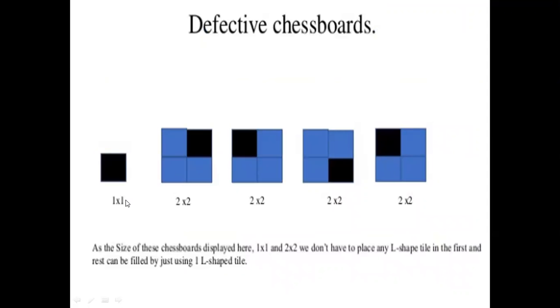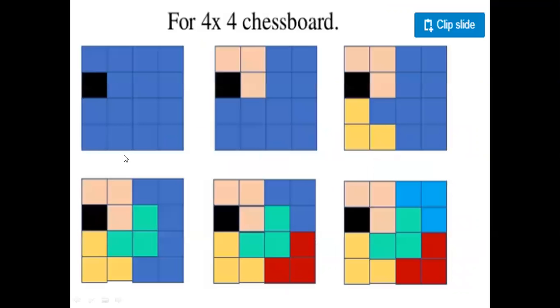First, one square, 2 by 2 and 2 by 2. Here, suppose in a 4 by 4 chessboard, the second row first square is defective. Suppose the remaining squares are covered with trinomials.